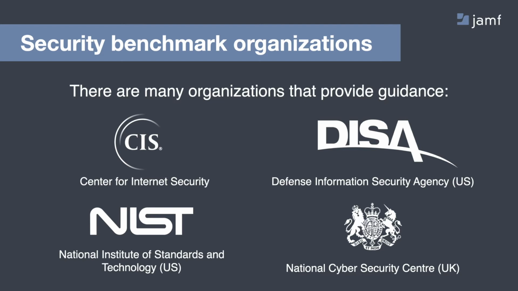NIST has some guidance available to you as well. And for our international folks on the call, you might also need to be provided guidance from the NCSC that has Cyber Essentials frameworks built out. So these are just four examples of different organizations that provide guidance to all of you.